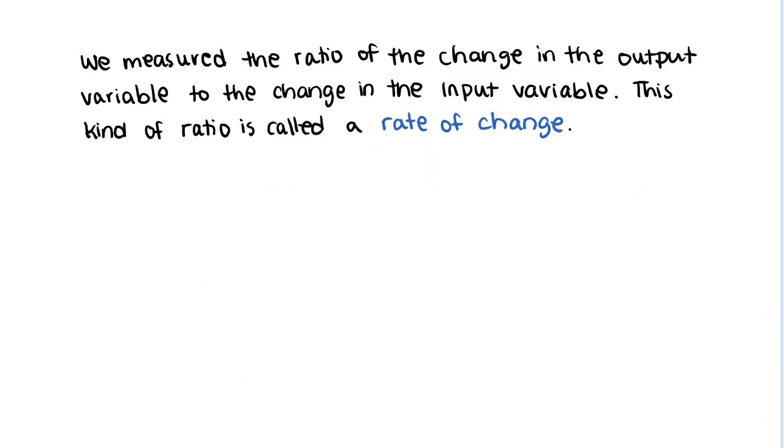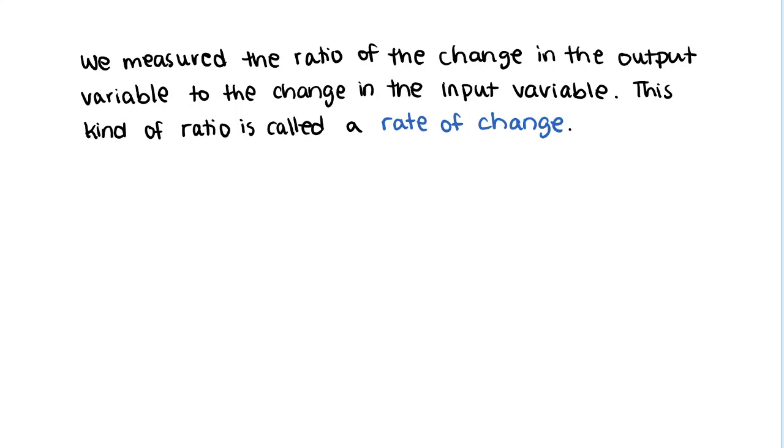So in this last example, we measured the ratio of the change in the output variable to the change in the input variable. Right? We measure the change in the temperature, and we divide this by the change in the time, the change in the number of minutes. And so this amount was telling us how fast the temperature was increasing in that oven every minute.